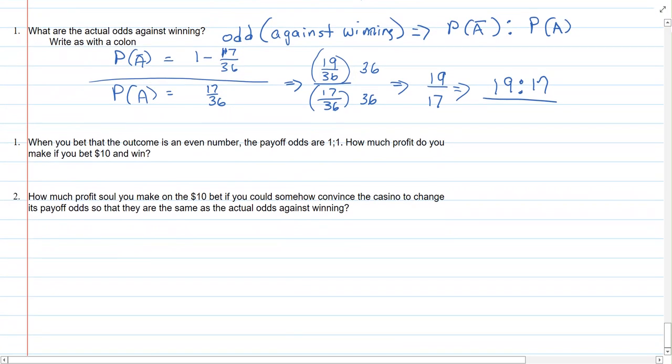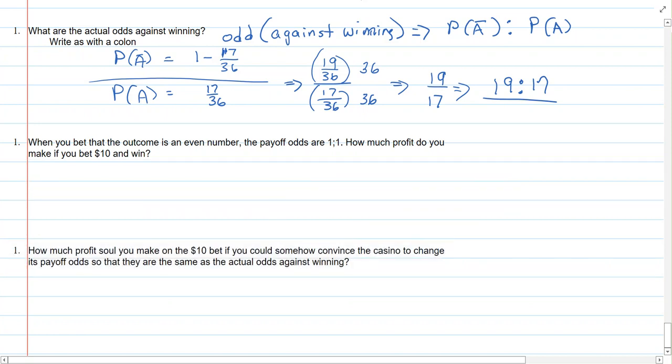Now this next one says, when you bet the outcome is an even number, the payoffs are 1 to 1. How much profit do you make if you bet $10 and win? Now remember, the amount of the winnings is net profit to amount bet.